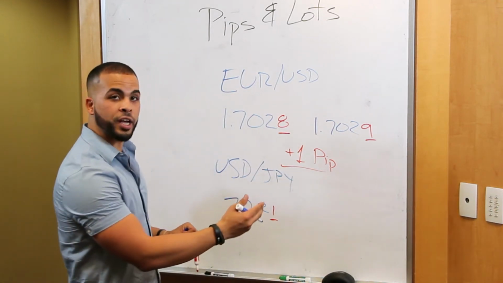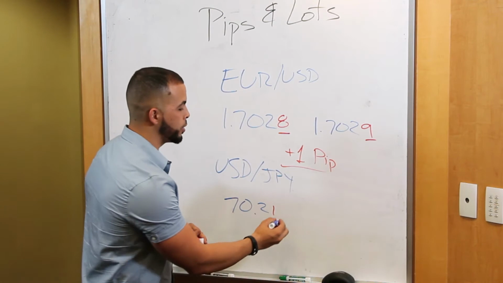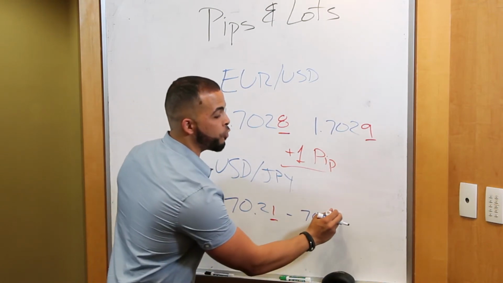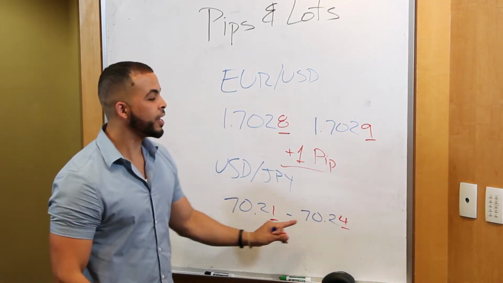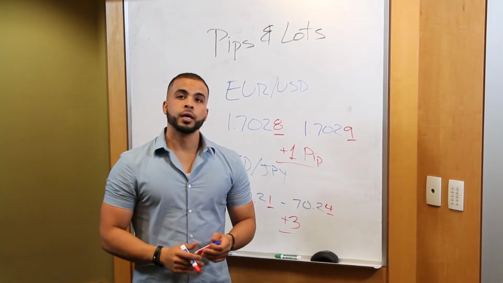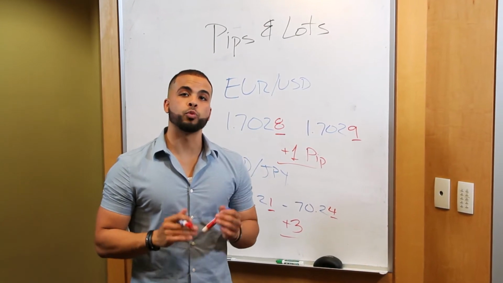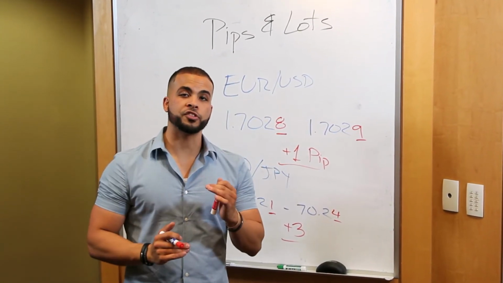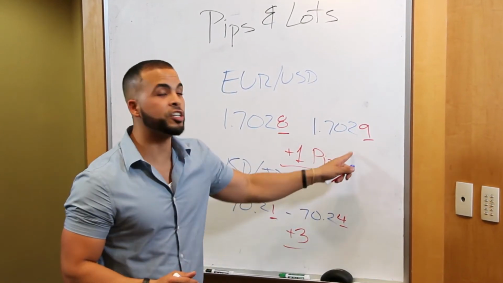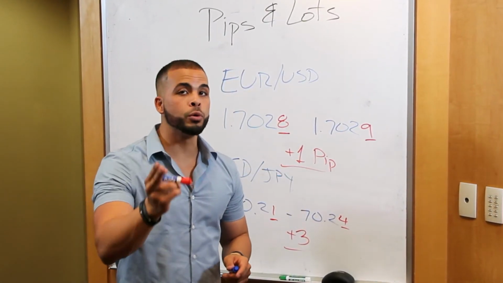So if the Japanese yen goes from 70.21 to 70.24, you just had an increase of 3 positive pips. This is important to understand because when you're trading in the very volatile Forex markets, these pips are what makes you money or loses you money.